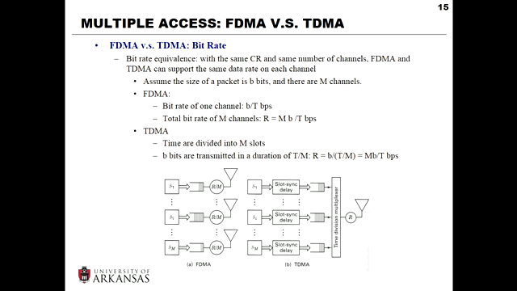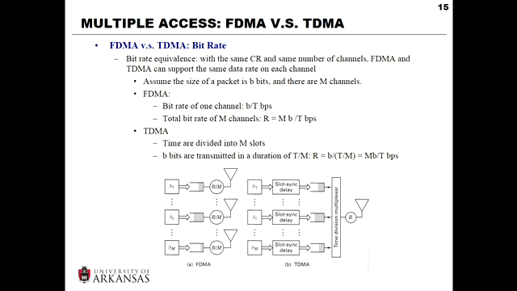Assume the size of a packet is B bits, and in total there are M channels. So we need to deliver these B bits over M channels.